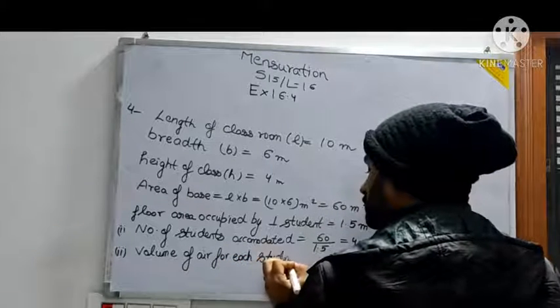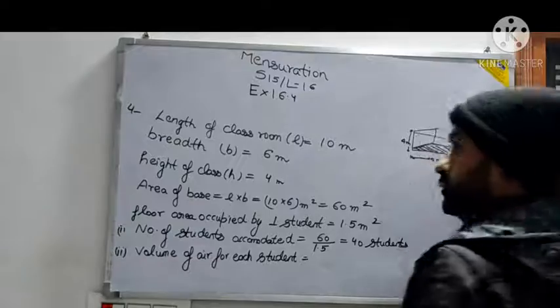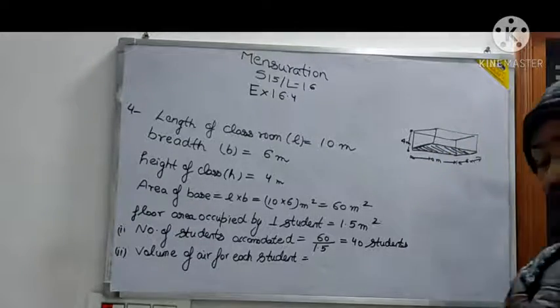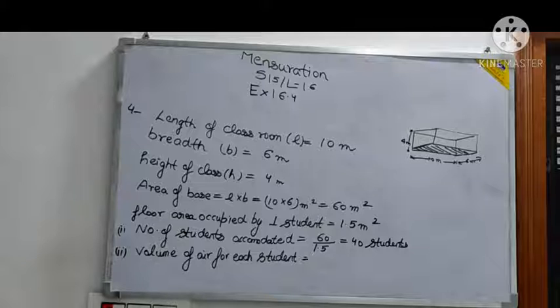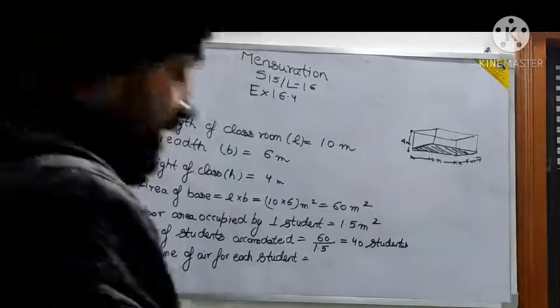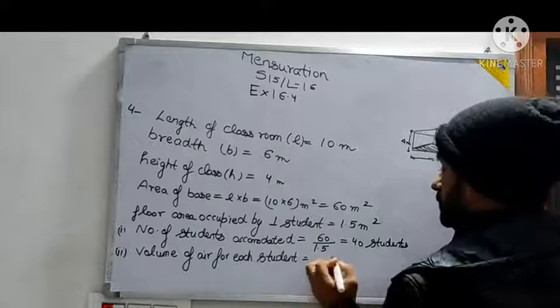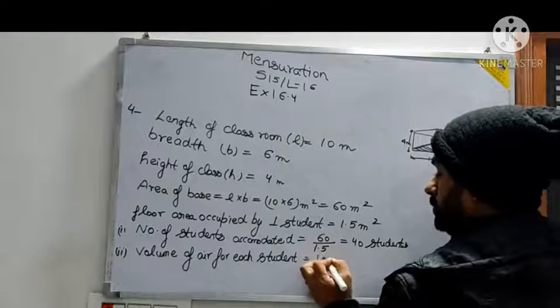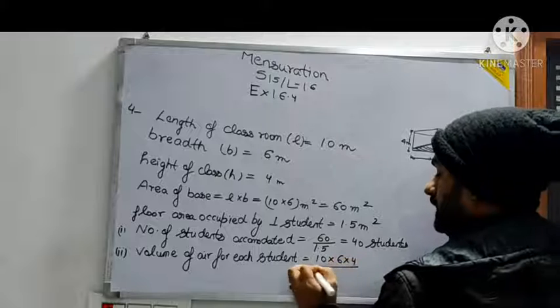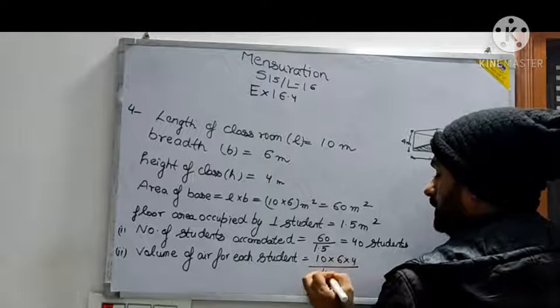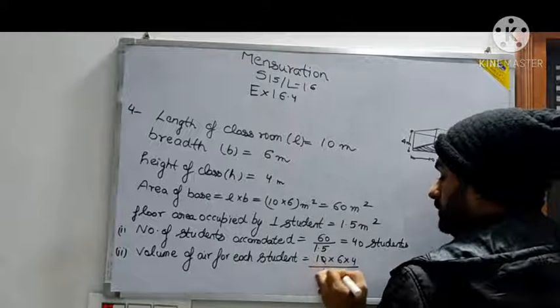Now see, once you know the volume of the room, you can use the formula for the volume of a cuboid. The formula is L into B into H. Once you multiply, you get the volume. And at the same time, you have to divide by the number of students. So what is the volume here? 10 into 6 into 4 divided by 40. 0 and 0 cancel. 4 on the 4 and 4 on the 4.